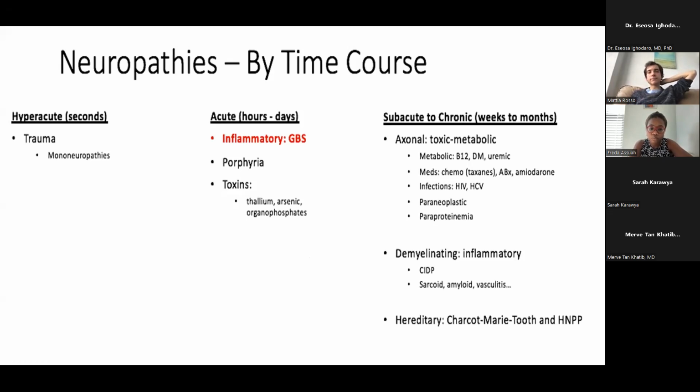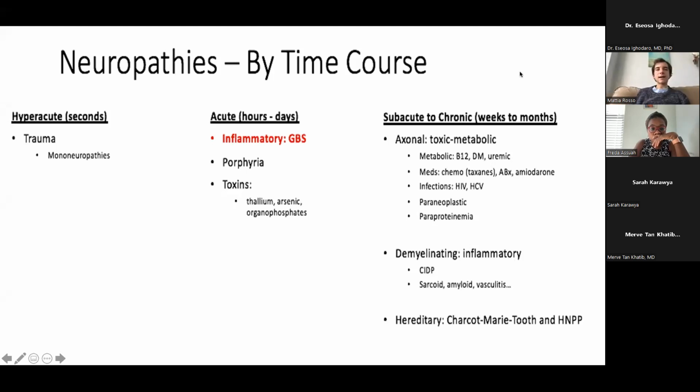Porphyria famously causes an acute neuropathy. It's pretty rare, I'll say this. Toxins are also important. Arsenic can present acutely, also pretty rare. And then the last thing that's important to recognize is organophosphates.